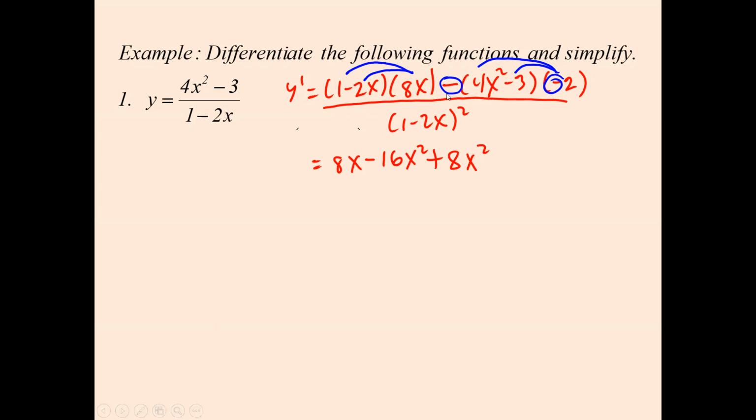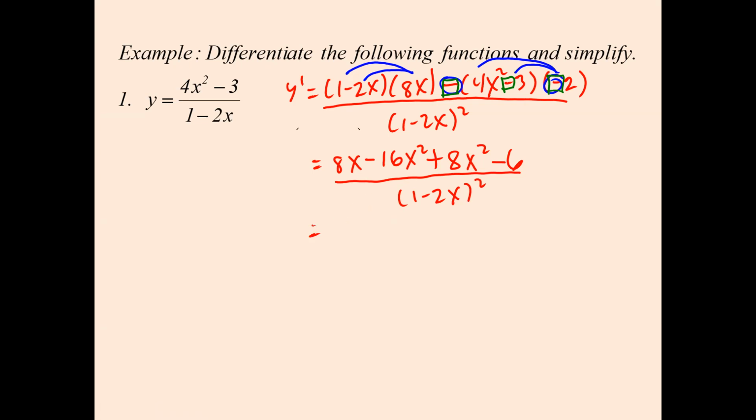So meron ulit tayong negative times negative is positive times negative, we have negative. Negative 3 times 2 is 6 over low, low, we have 1 minus 2x raised to 2. You don't need to simplify the denominator.